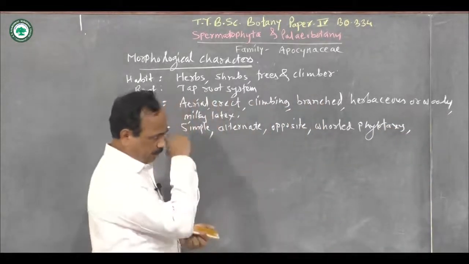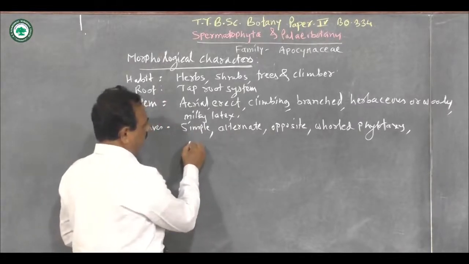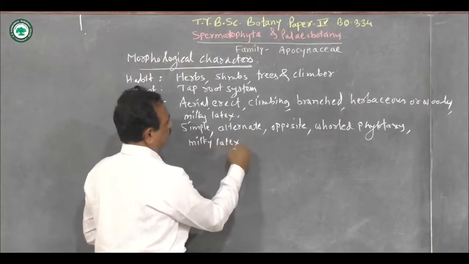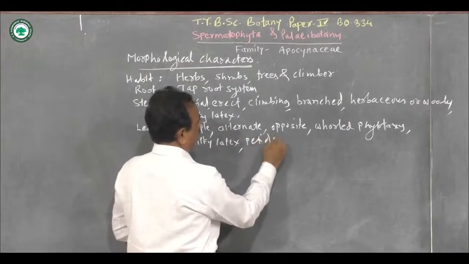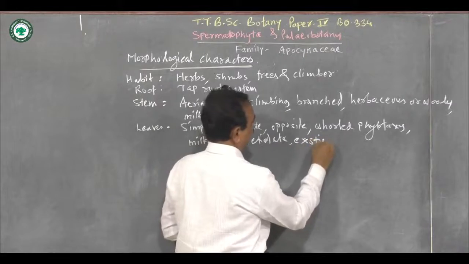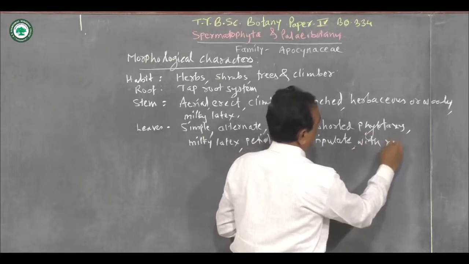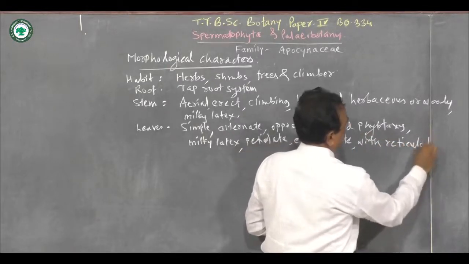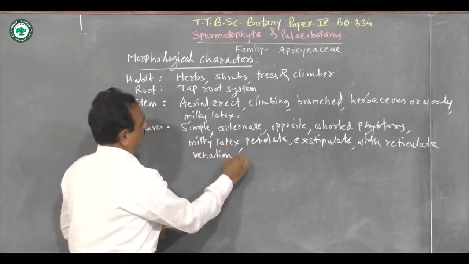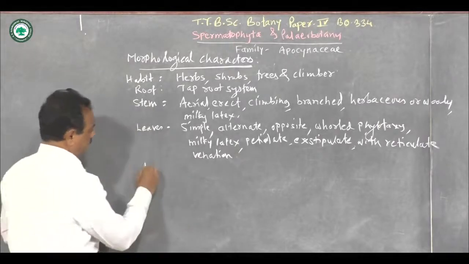So in Nerium there is a presence of whorled phyllotaxy, and the leaves also show milky latex, petiolate, exstipulate, with reticulate venation. As it is a dicot family, it shows the presence of reticulate venation.